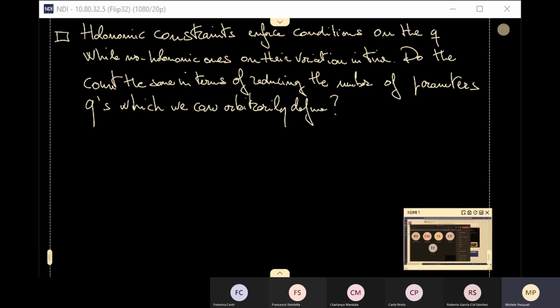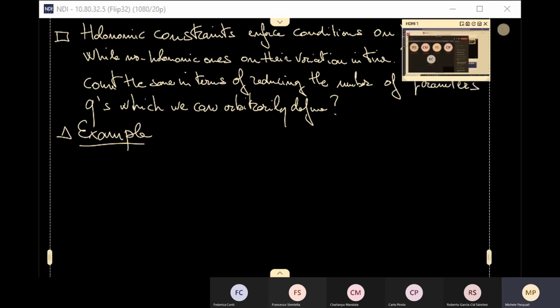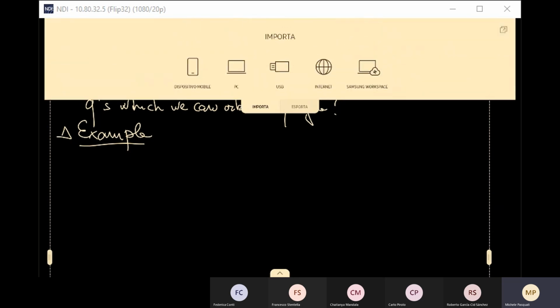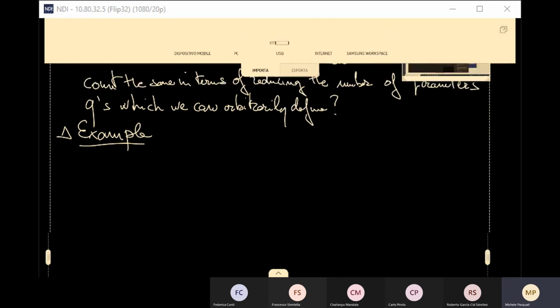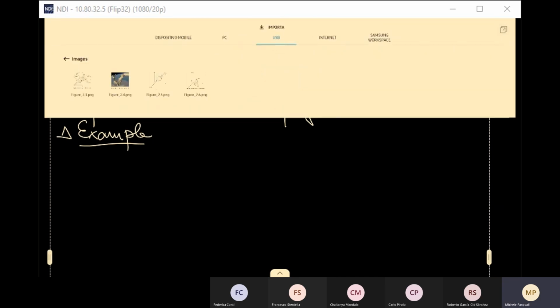So that's the question, okay? Because one, as I was saying, dictates exactly the values, the other one the velocity, so the change in time. Let's have an example on that, which clarifies hopefully the question. Is it clear the question that I'm posing? One acts on velocity, the other one on the actual generalized coordinates. So do they actually count the same in terms of Grubler count?